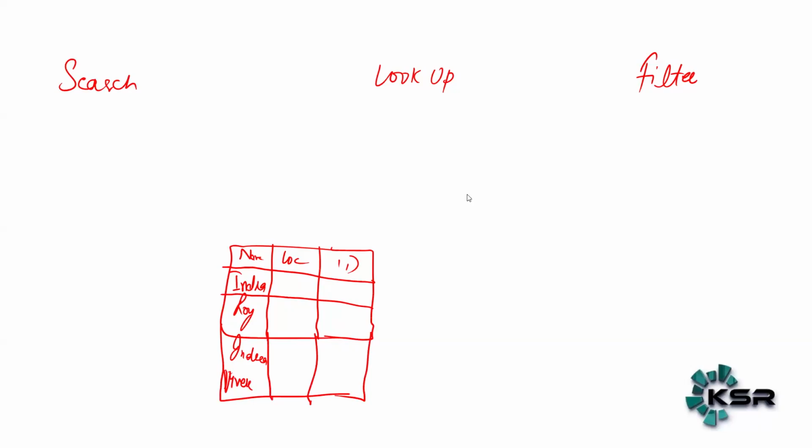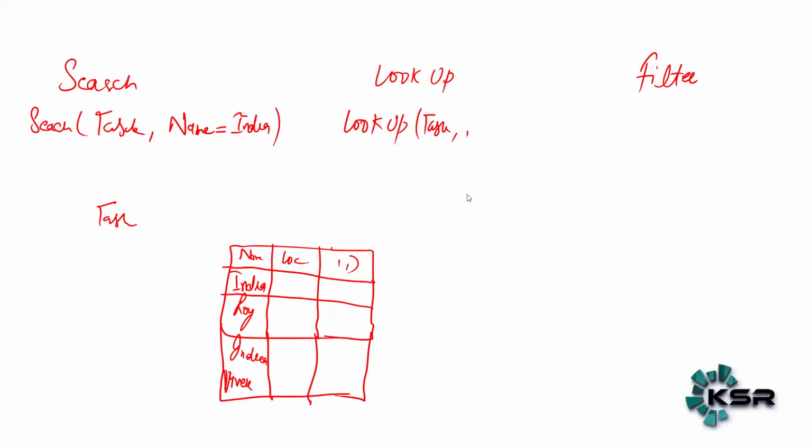So we are searching in the table where name equals Indra, right? Similarly, we are looking up in the table where name equals Indra. There is ID 1, 2, 3, 4. Then we are filtering where name equals Indra.